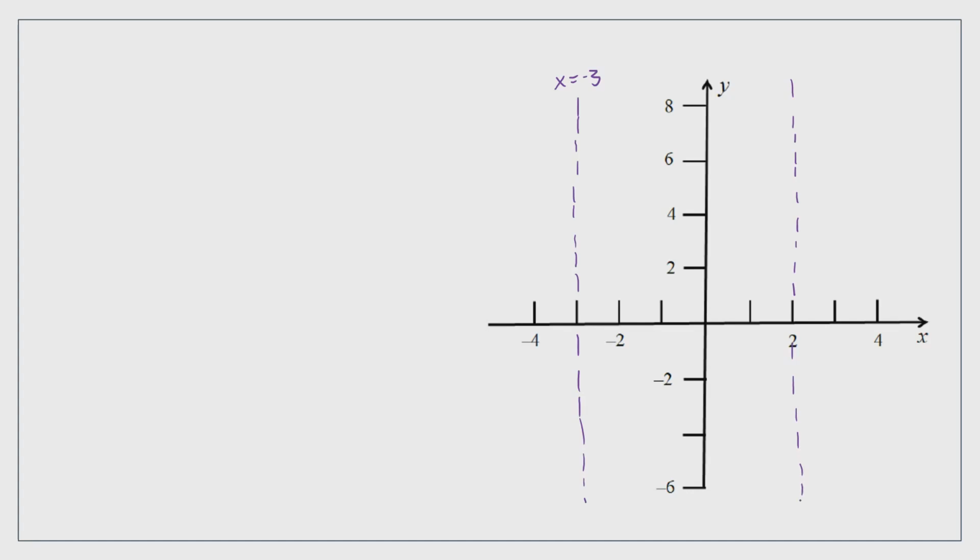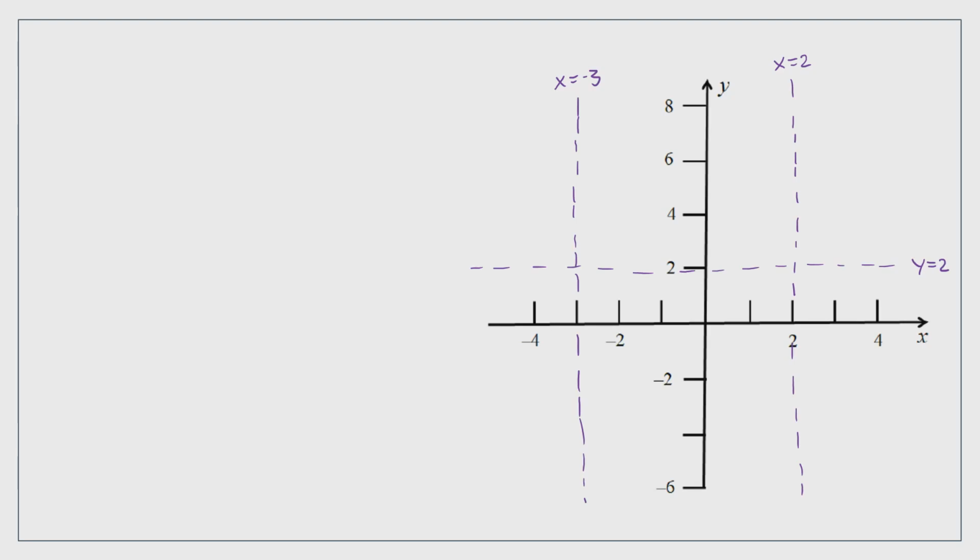Drawing my dashed lines. Okay. Now we also have a horizontal asymptote at y equals 2. Now we also know at the vertical asymptote that our graph is approaching infinity on one side and then negative infinity on the other.